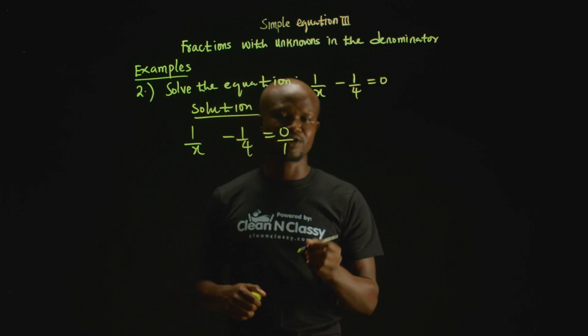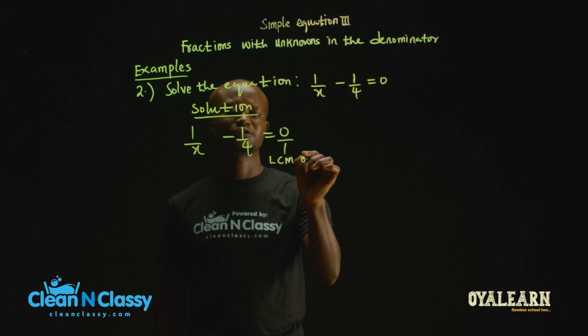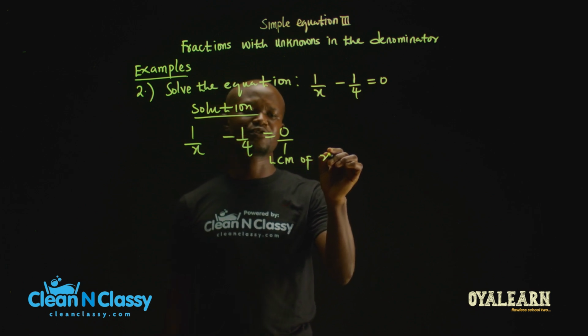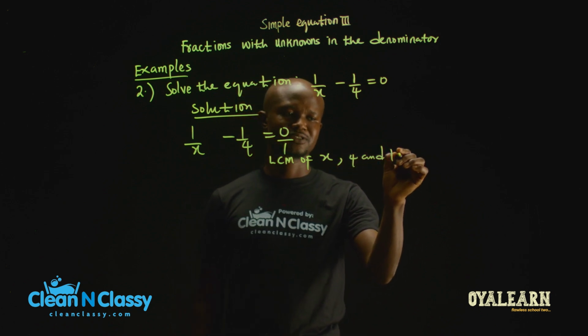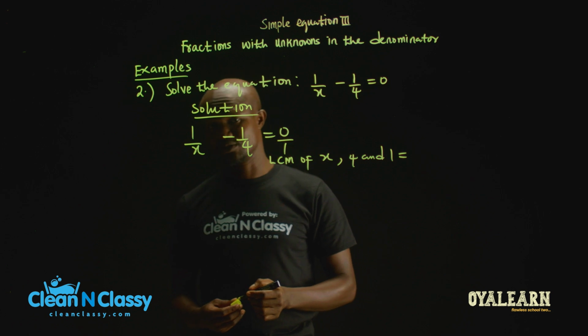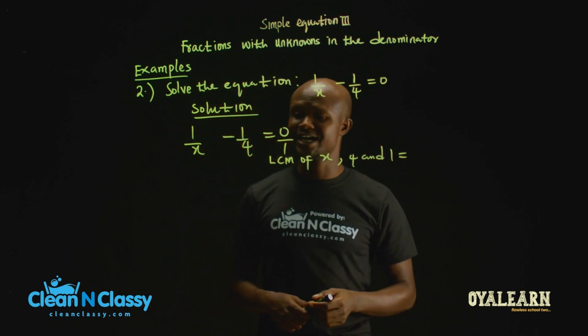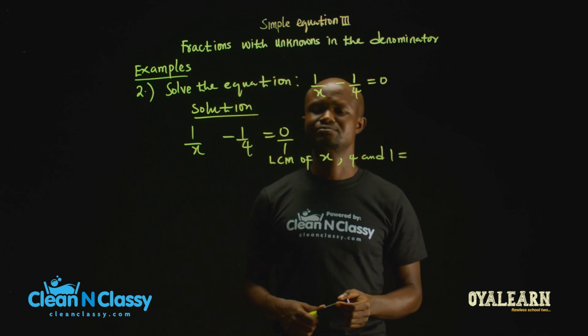So the LCM of denominators, that is the LCM of x, 4, and 1. The highest common factor of x, 4, and 1 is still 1.